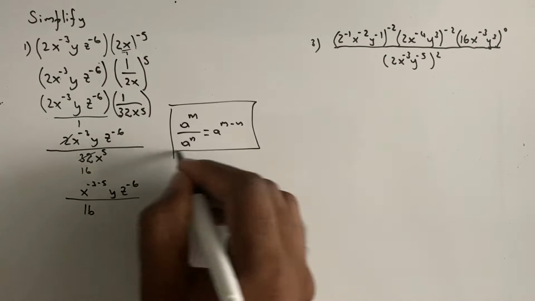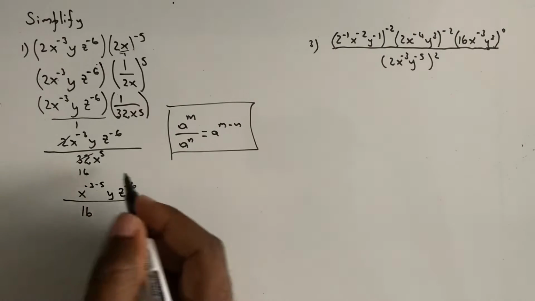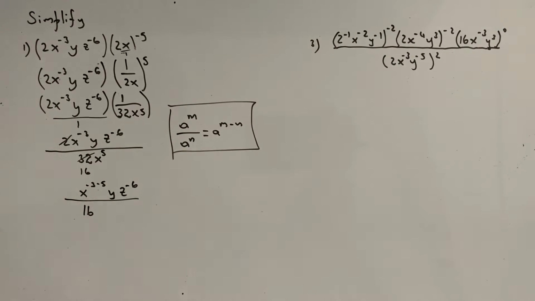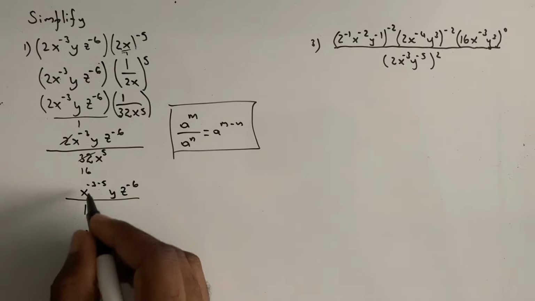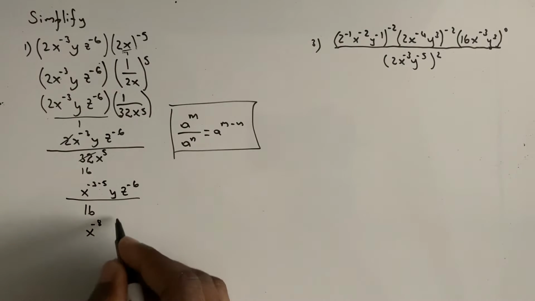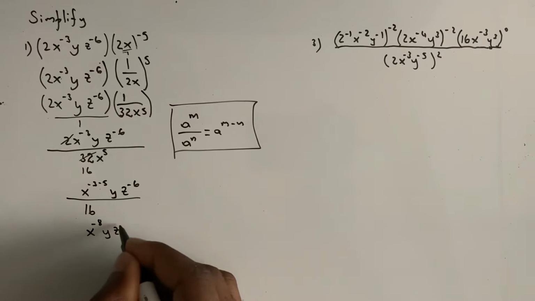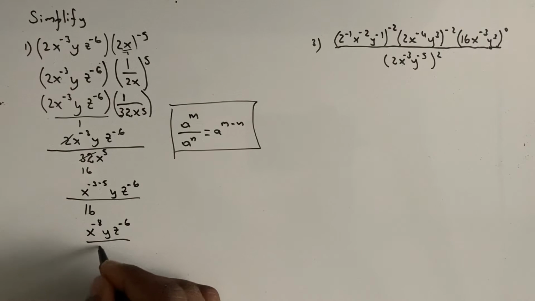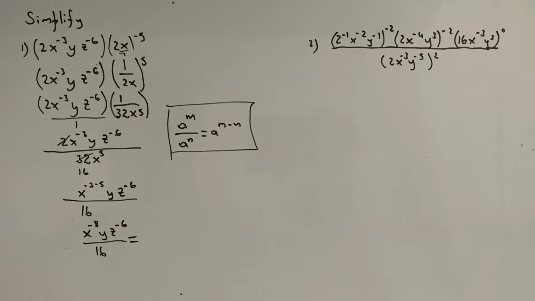After this, you keep simplifying. So I have x to the negative 8, y z to the negative 6 over 16. Now remember, you cannot give your answer with negative exponents. In order to change exponents from negative to positive, you either move them up or down.